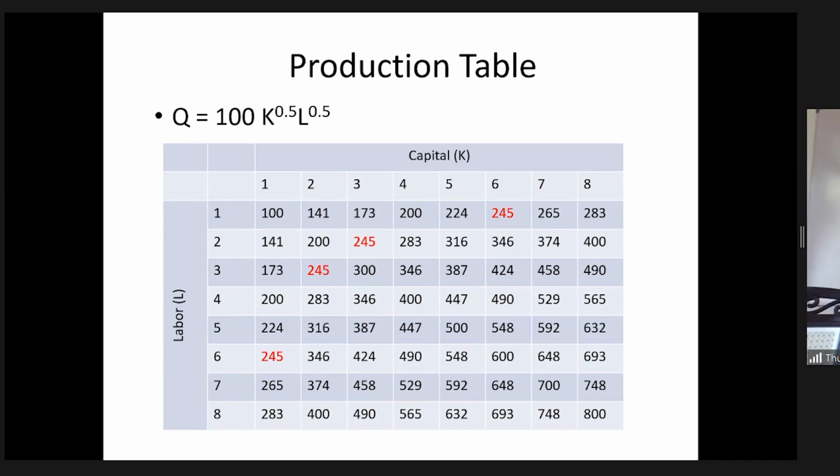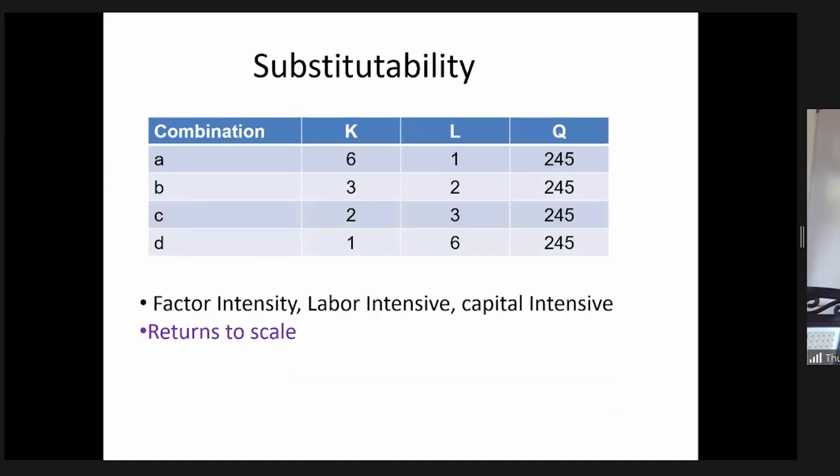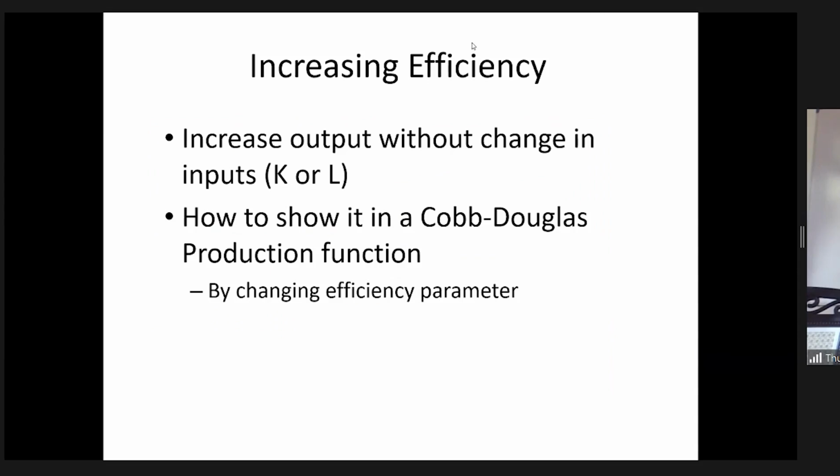If you are mixing 1 unit of capital, 1 unit of labor, your output will be increased by 100. That will say efficiency is 100. So we say it is the efficiency. So efficiency we discussed. Then, how can we increase the efficiency of a firm?